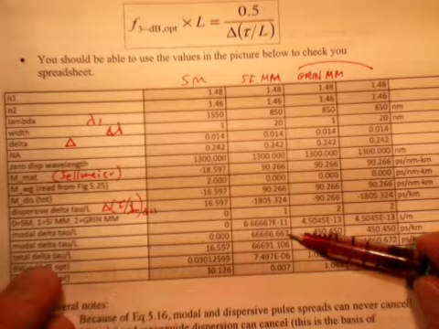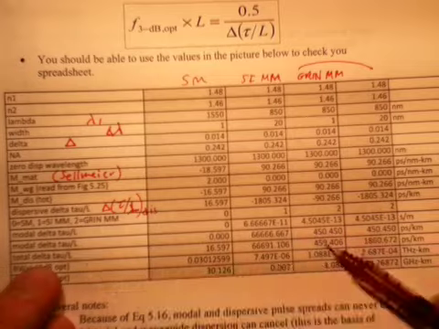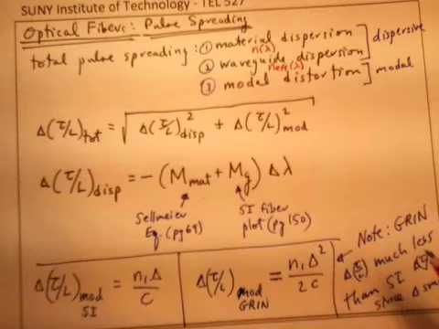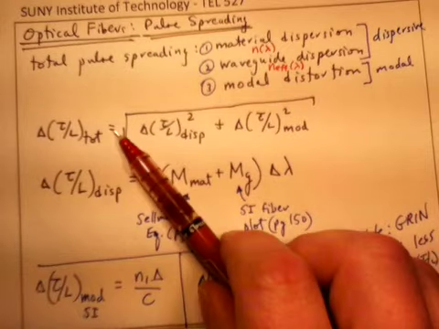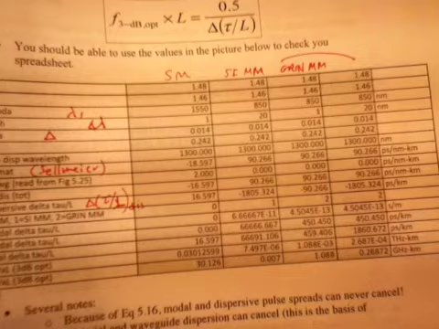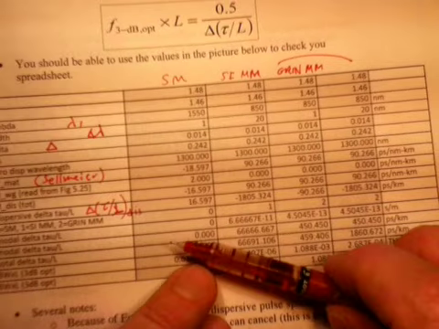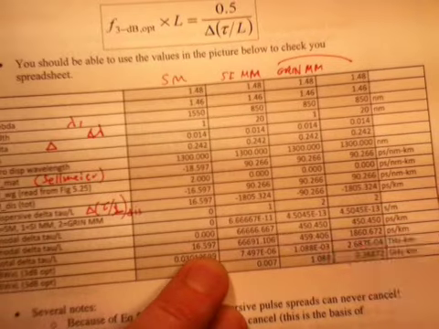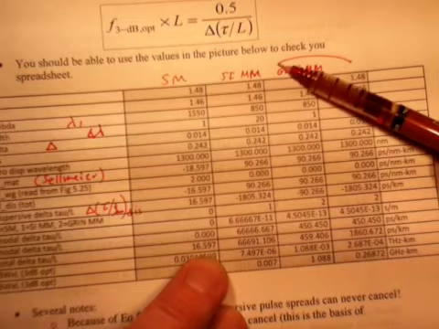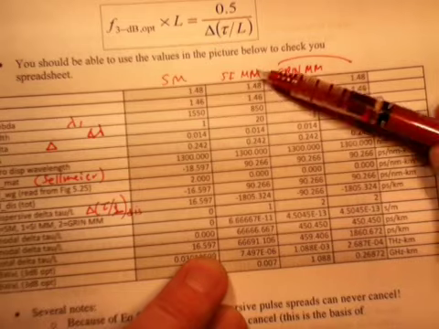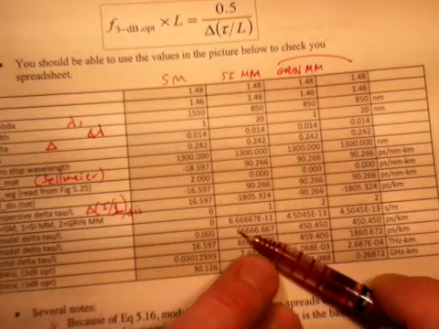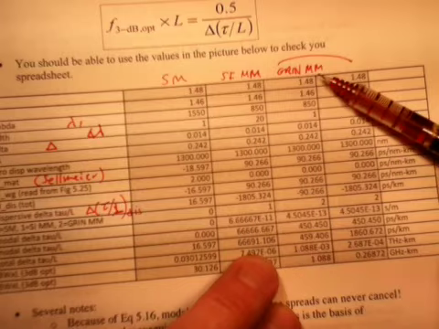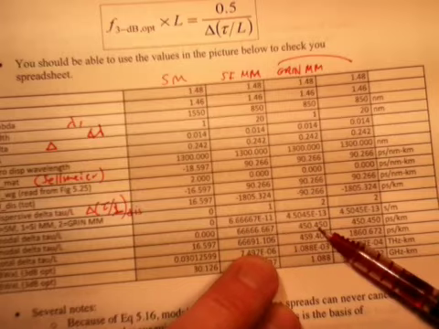Finally, it calculates the total delta tau by L by adding together the dispersive and the modal components in the Pythagorean squared sense. And so here's my total delta tau by L. And you can see here the advantage of the GRIN multi-mode over the step index multi-mode. Step index multi-mode has this huge modal pulse spread per unit length, whereas GRIN multi-mode has a much more reasonable pulse spread per unit length.